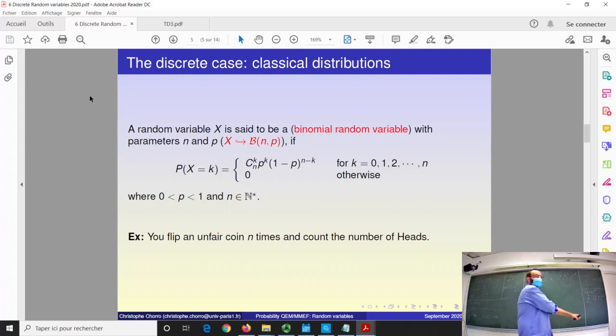So that gives me n (a plus b)^(n minus 1) equal to the sum from k equal to 0 to n of C(n,k) k a^(k minus 1) b^(n minus k).